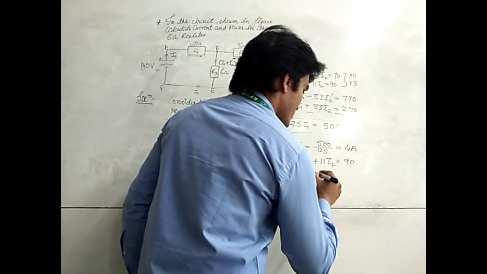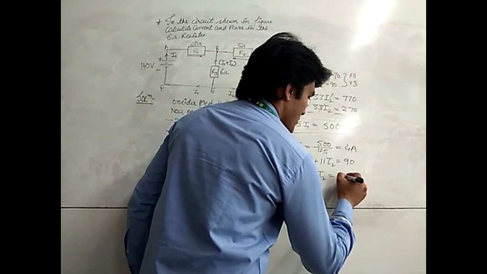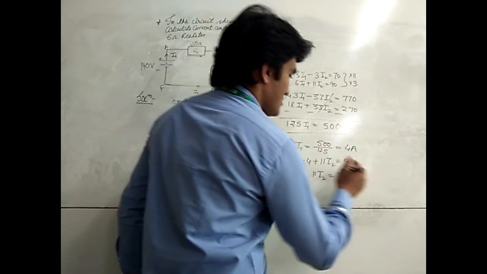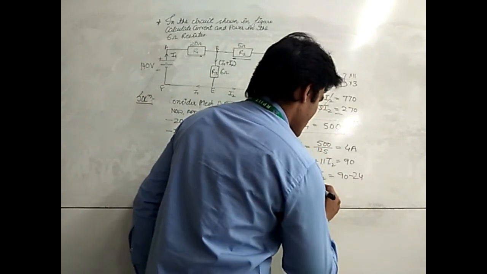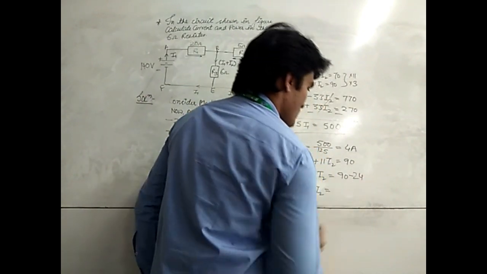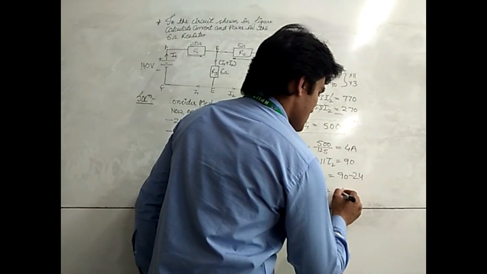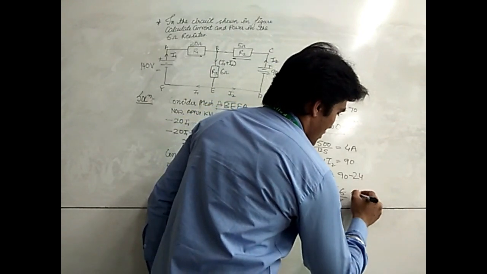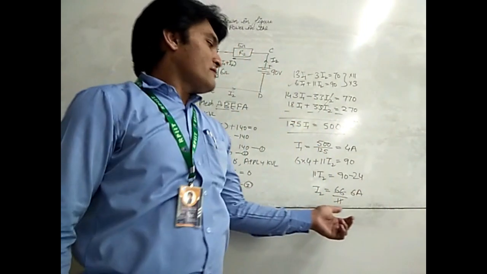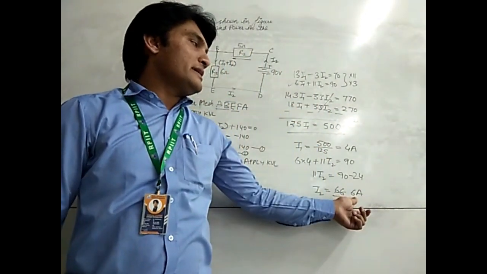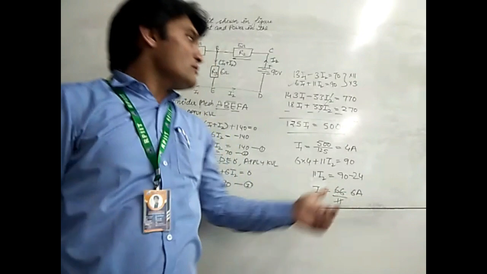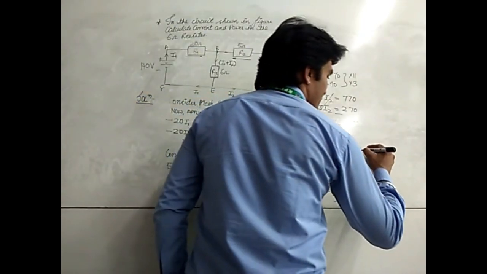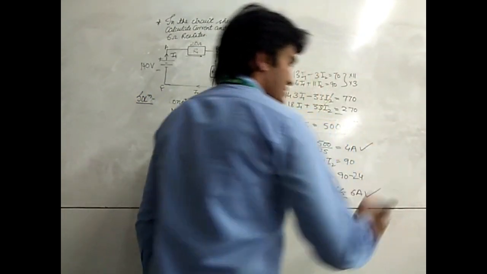Now from here, 90 minus 24, we get 66 divided by 11. Now we have the I2 current, that is 6 ampere. So we have calculated I1 is 4 ampere and I2 is 6 ampere.